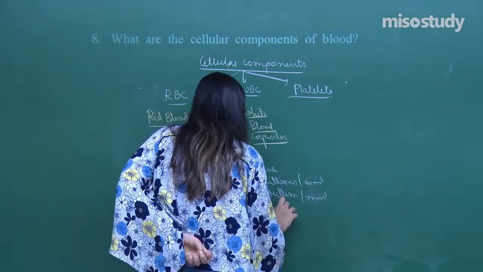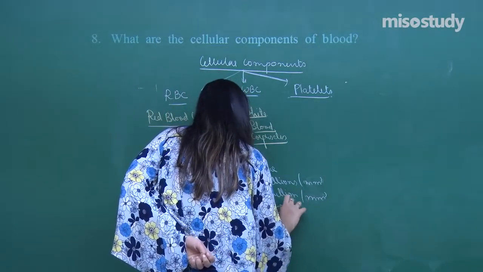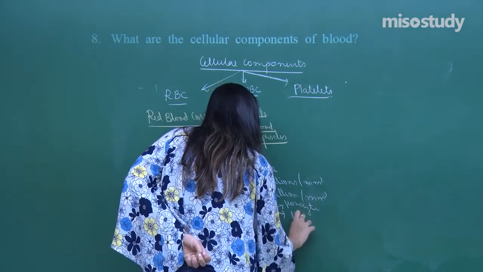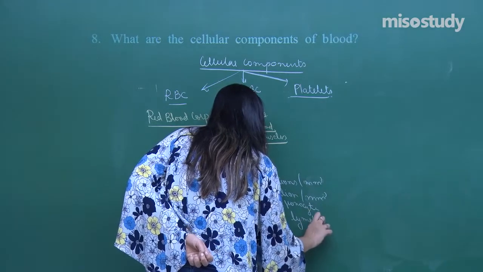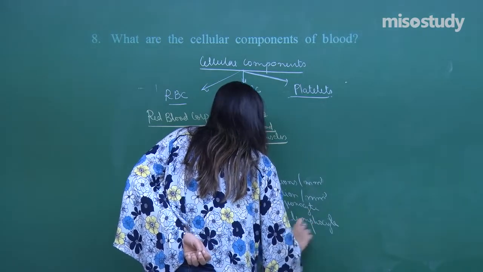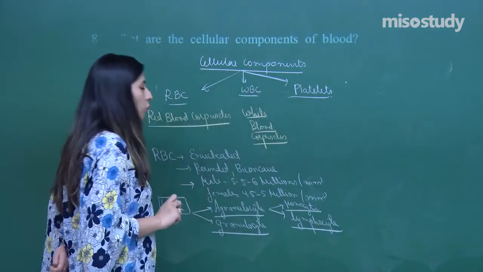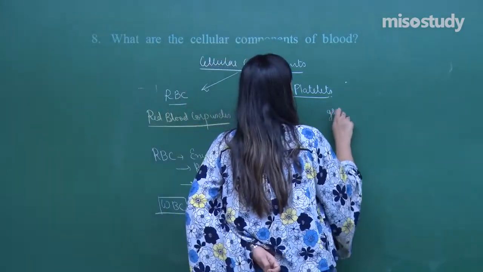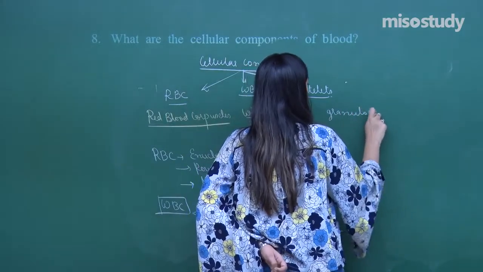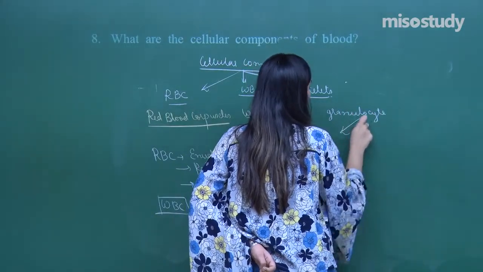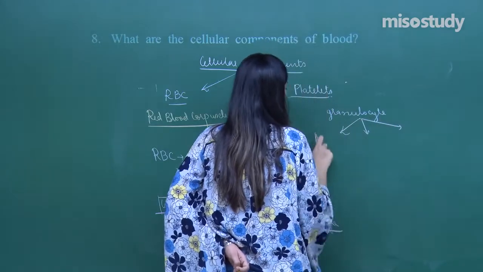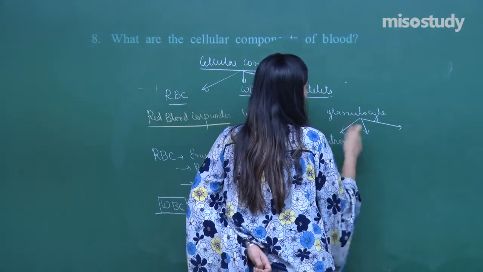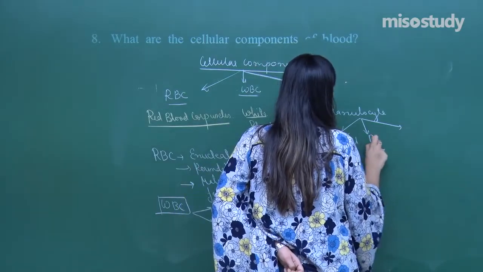Agranulocyte is further of two types. One is called monocyte and the second is called lymphocyte. To talk about the granulocyte, you have to explain the types further. Three types are there. First one is called neutrophil. Second is called basophil.